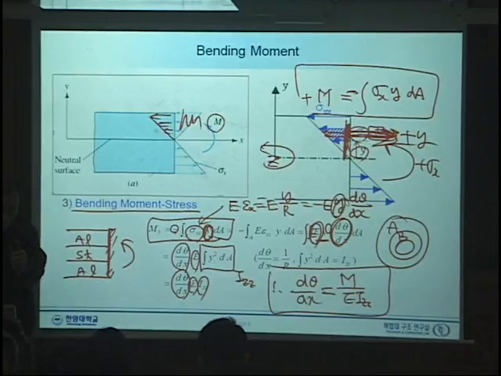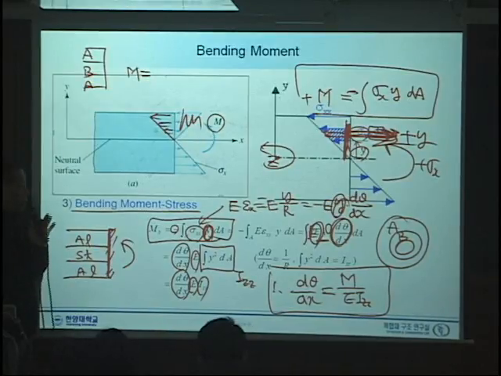Let's say the beam has 3 different layers. Let's say A and B and A, with different material properties. Then the moment definition is exactly the same as this procedure.